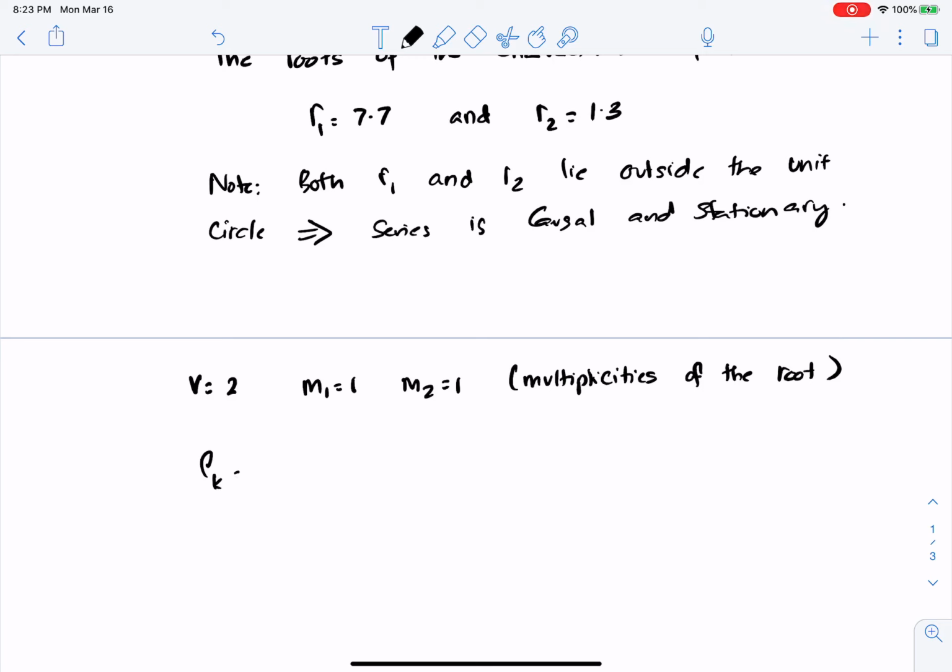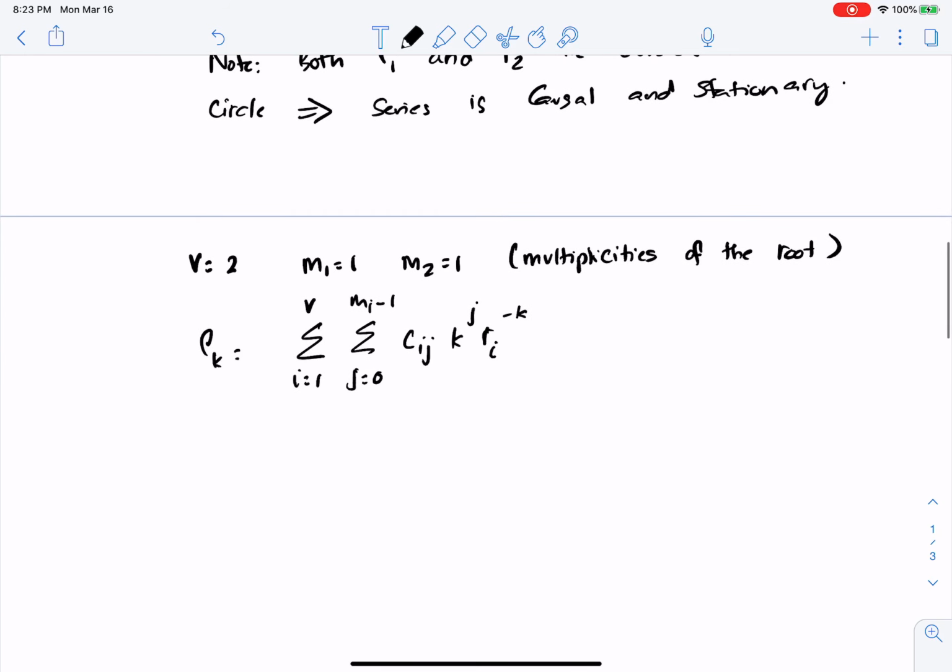And we have our expression for rho k: the sum from i equals 1 to v, the sum from j equals 0 to m_i minus 1, of c_ij, k raised to j, and r_i raised to negative k. So v is 2, so we will have i equals 1 to 2, j equals 0 to m_i minus 1.